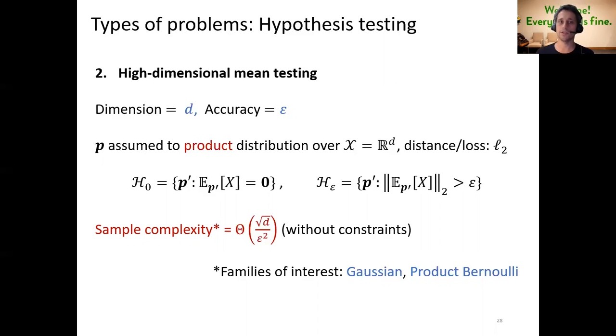And then in that case, the sample complexity will be, again, for those nice and standard families we consider, square root d over epsilon squared. So again, a square root dependence on the dimension. So that's 2 problems for testing, 2 problems for learning.